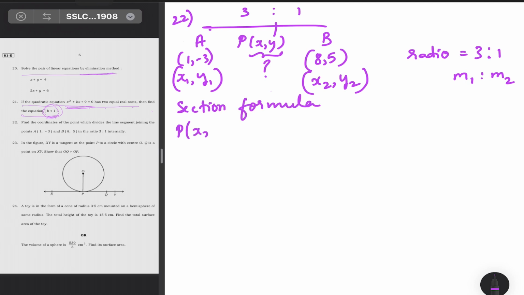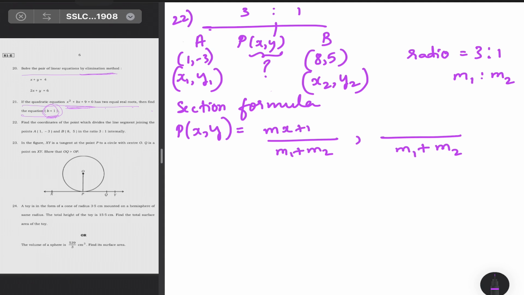P(x, y) is equal to... there is an easy method to remember the formula. In the denominator we have m1 plus m2, and in the numerator for the x coordinate we take m x plus m x, and for y we take m y plus m y, in the cyclic order 1, 2, 2, 1.